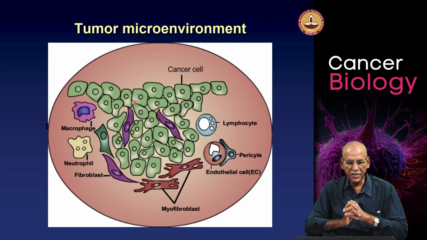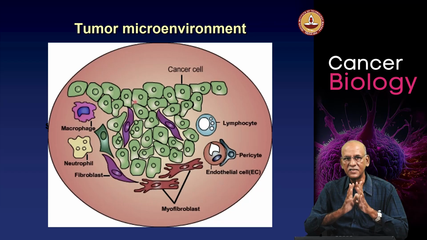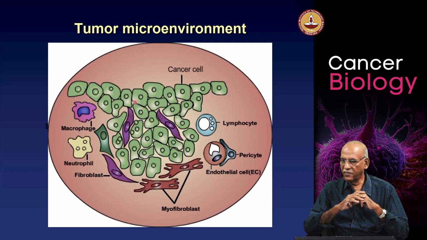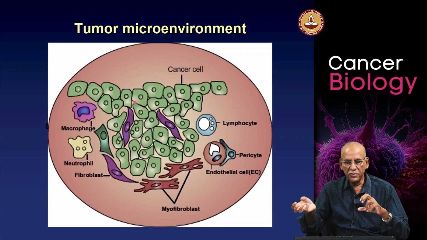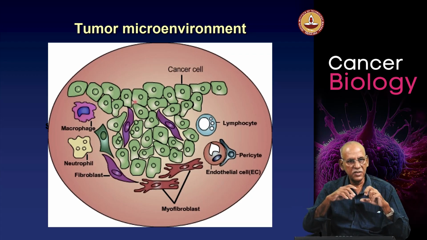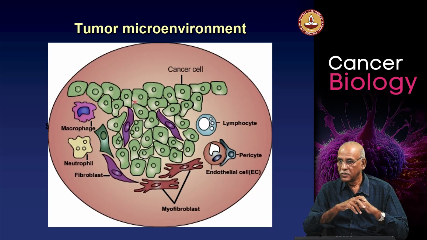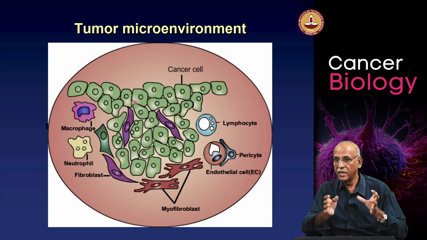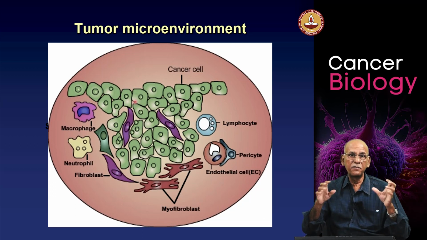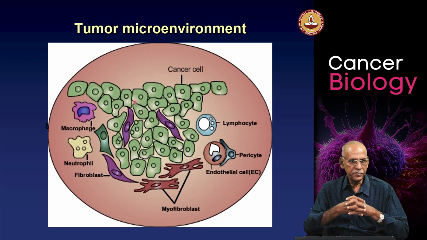Anyway, here the point is, the cancer cells alone are not the culprits. For a normal cell to get transformed into a cancer cell, it has to undergo several changes. So, how does this happen in the body, in the organism? It is surrounded by several cells. There is a saying, you tell about your friend, I will tell about you.